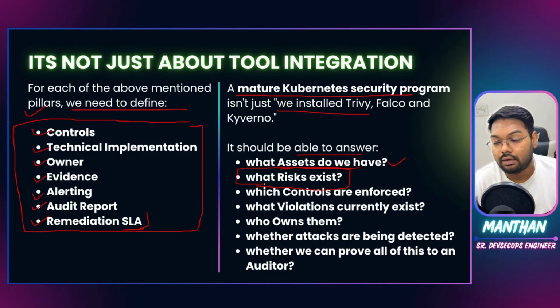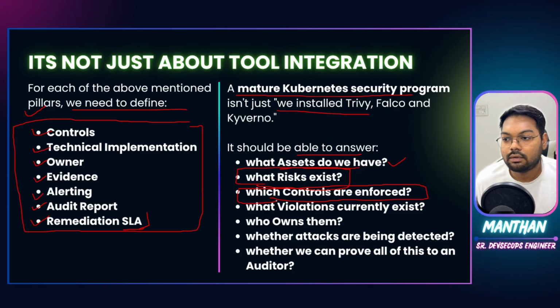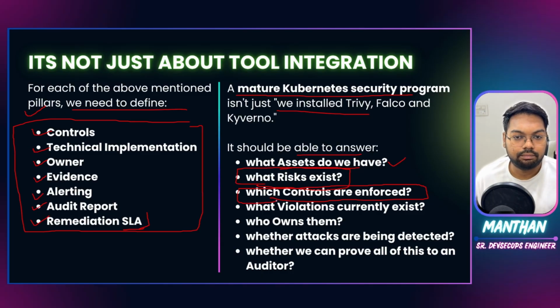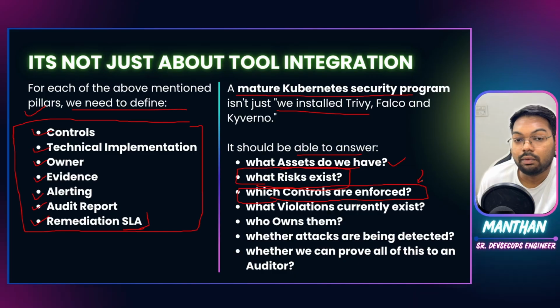So you need to determine what risks are there right now with a particular asset that I own under this entire cluster boundaries. Then which controls are enforced to minimize this thing? Let's say if you are using KMS for managing your secrets or access to this particular environment, that would be one control.